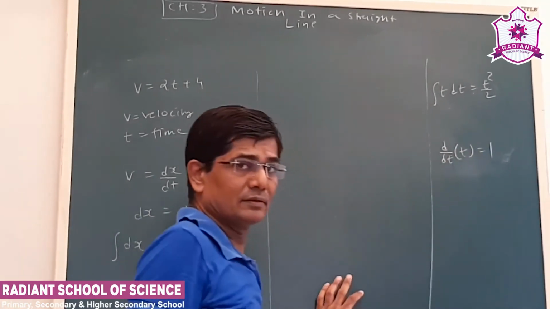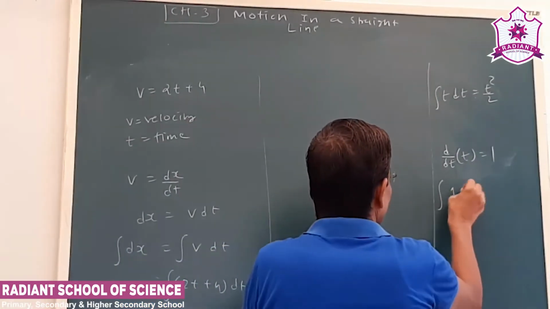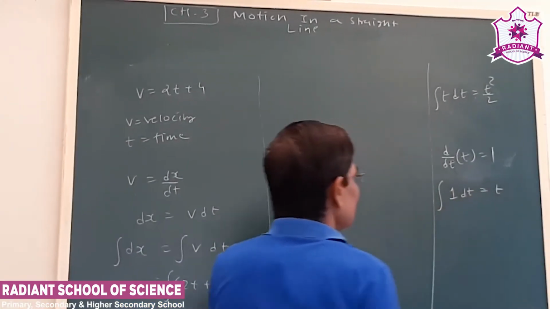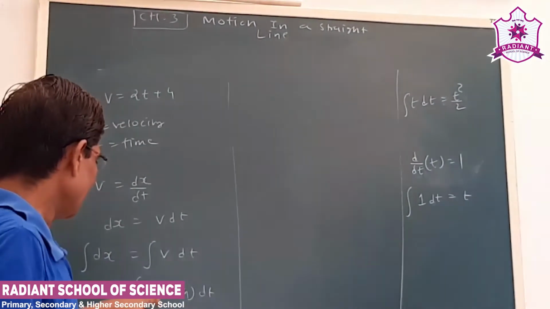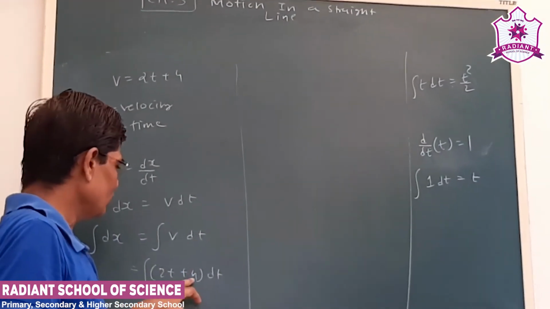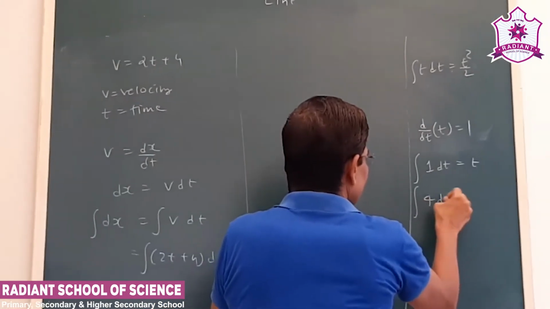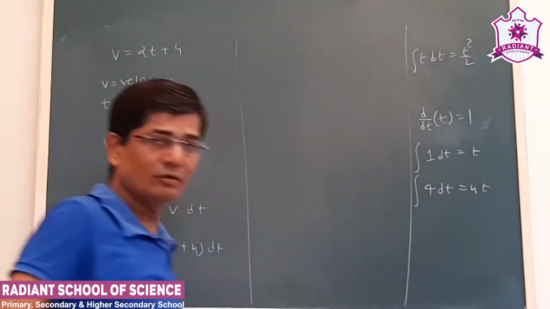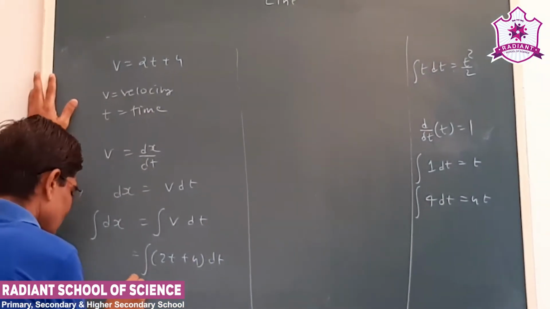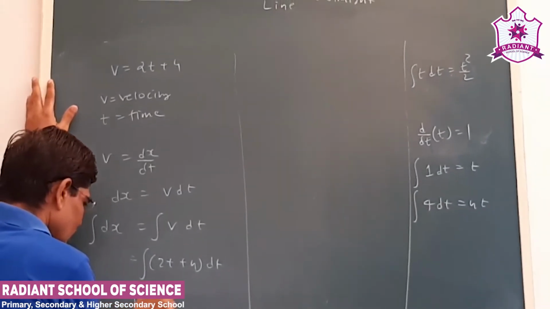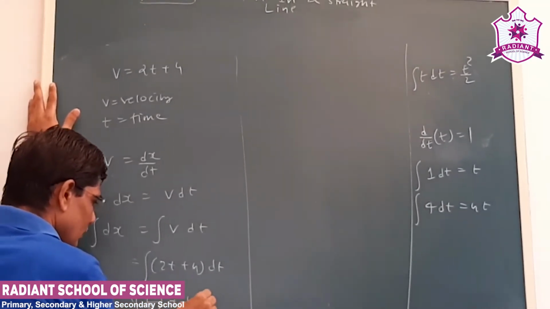Remember, integration of 1 dt will be t. So here integration of t will be t square by 2. 4 is a constant term. Suppose we have integration of 4 dt, then it will be 4t. So we can write this as 2 into t square by 2 plus 4 into t.